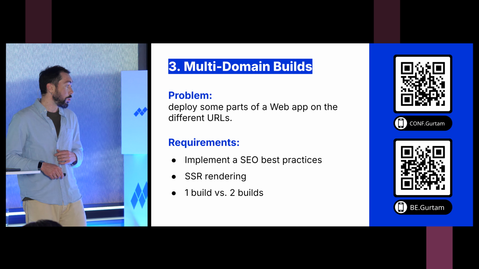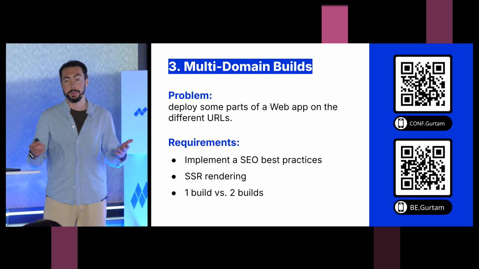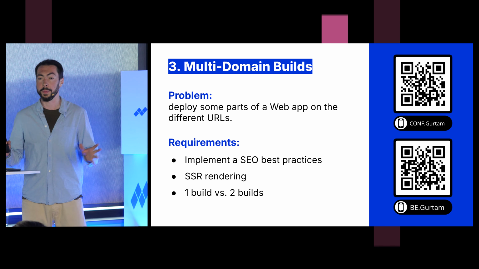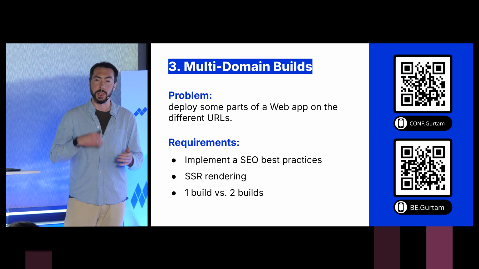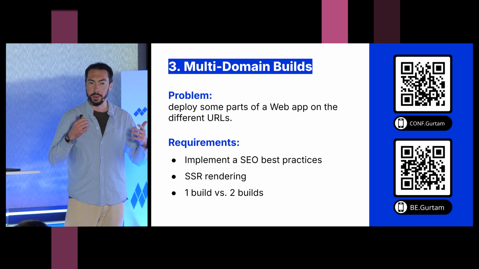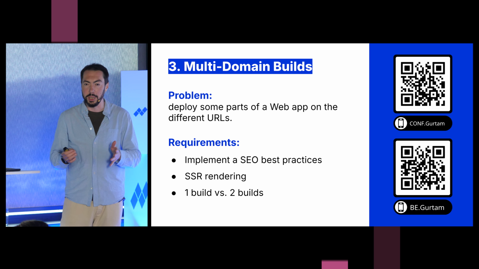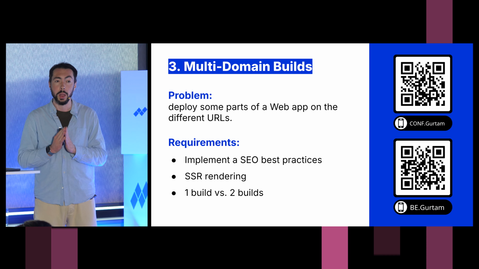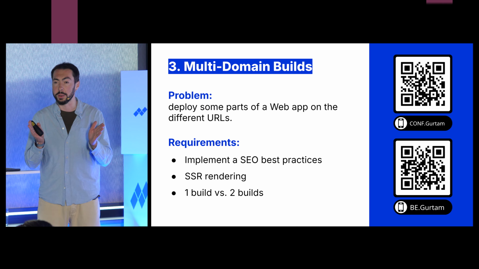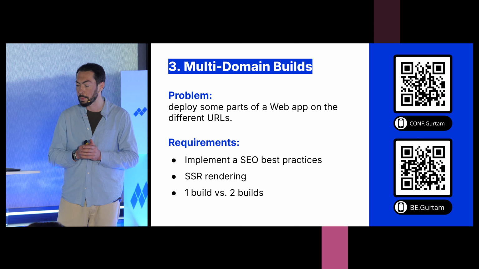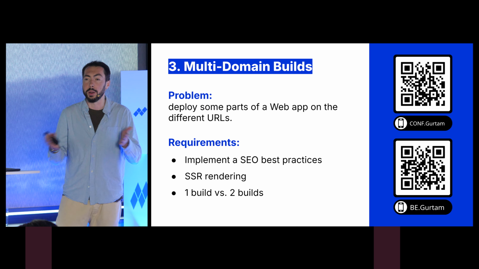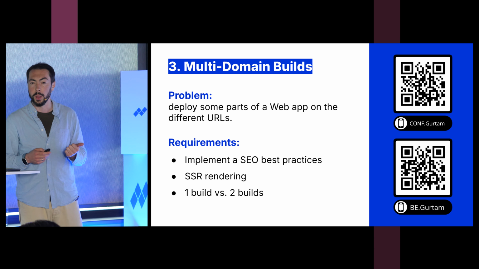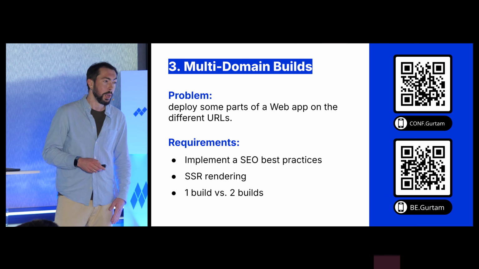That's why we decided to use SSR rendering, because of SEO best practices, and we faced a choice: create a second build, a second Kubernetes deploy, and communicate with another team, or stay within one build, but somehow parse our router depending on the domain URL that we are opening our project.